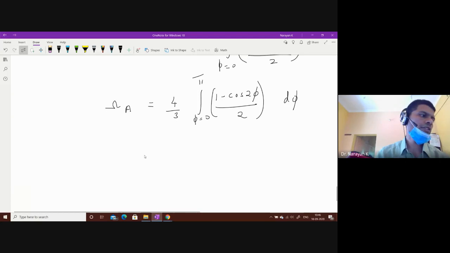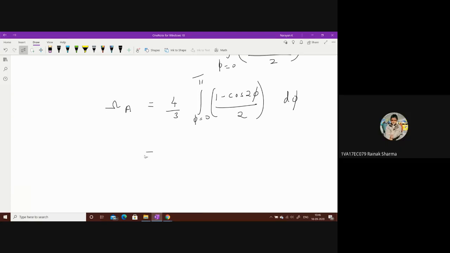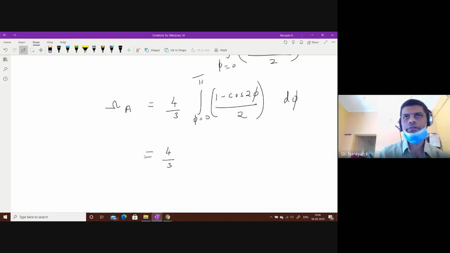So what will this become? 1 by 2 pi, 4 by 3 into pi by 2. For those who have not understood, I can take the half outside. This will become phi minus sine of 2 phi by 2, with limits from 0 to pi.